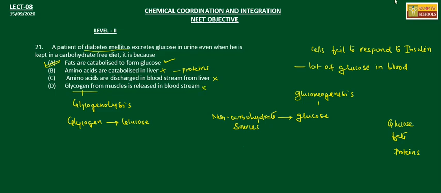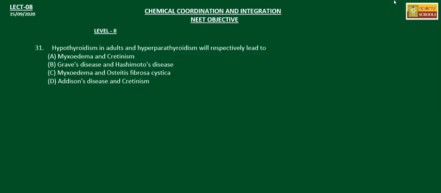Okay, the next question: hypothyroidism in adults and hyperparathyroidism. So here, hypothyroidism is less production of thyroid hormones.